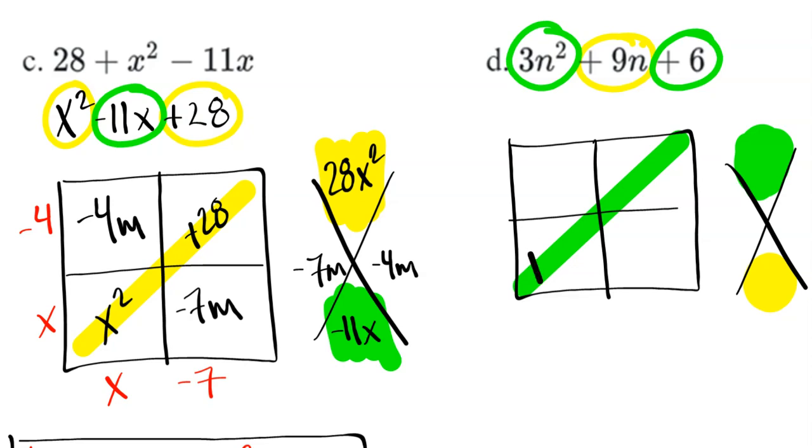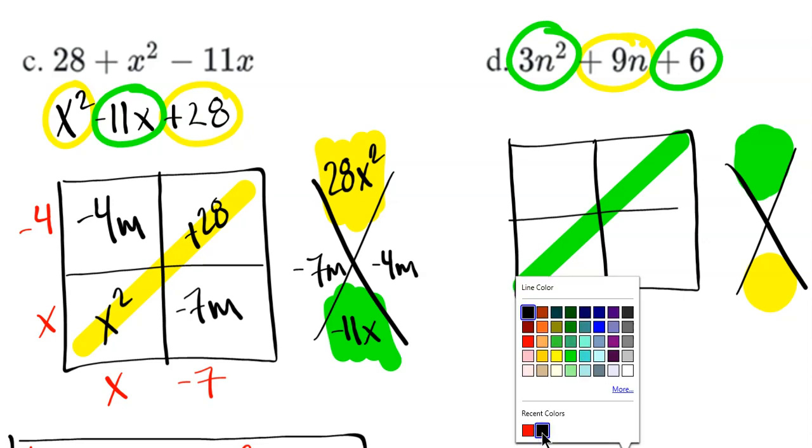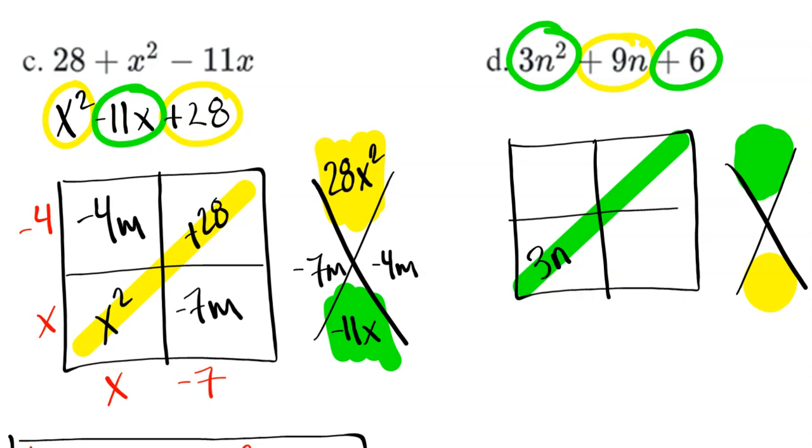So we have 3 and we got 3n squared positive 6. 6 times 3 is 18n squared. And then we got 9n. And so 9 times 2 is 18. 6 times 3 is 18. Okay, so we got 6n and 3n. 6 plus 3 is 9n. 6 times 3 is 18n squared. Cool, so we got 6n and 3n for no apparent reason.